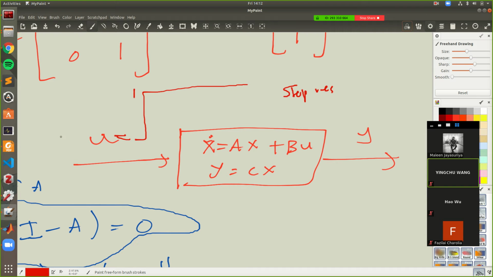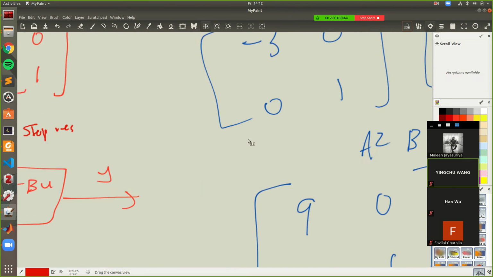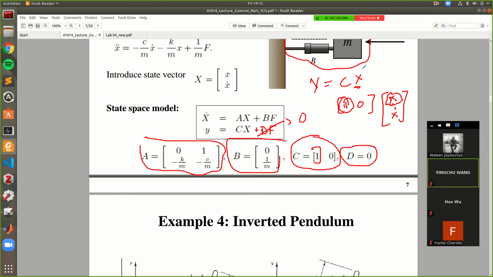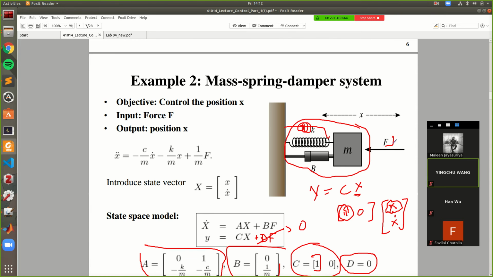That is, if you give a sudden input like this, what's going to happen? So in the spring damper system, for example, what if I suddenly give a force of 1 Newton and sustain it for a while? How is this system going to behave? By looking at that step response, you can get an idea of how the system overall behaves, whether the system is stable, whether it's not, and so on.